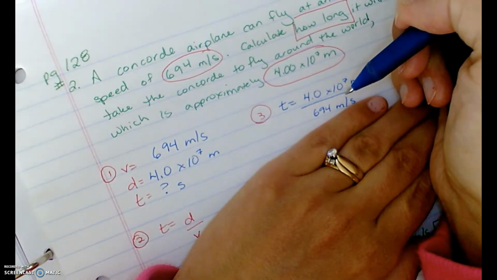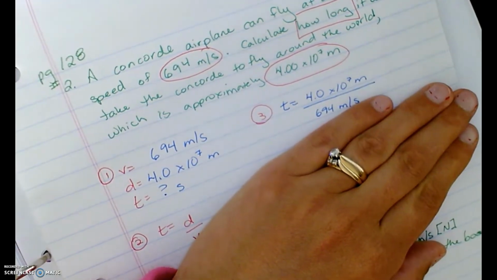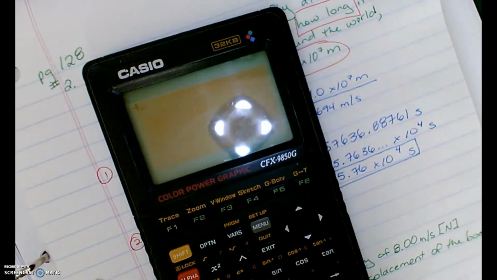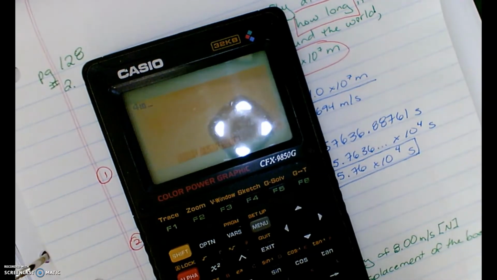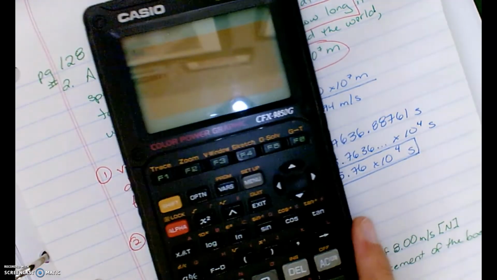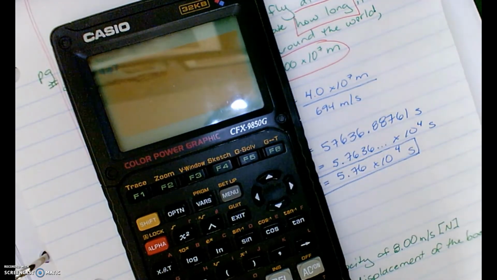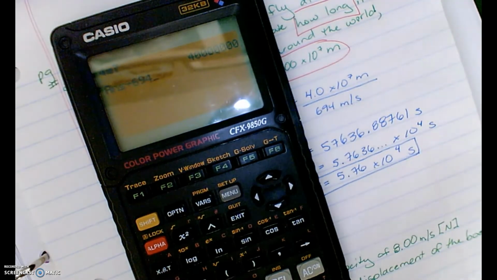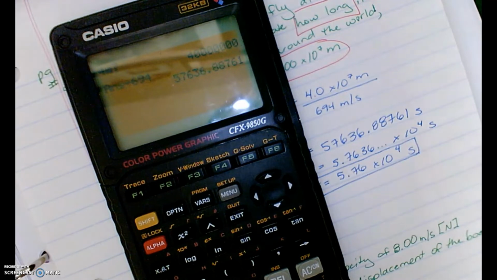694 meters per second. Again, like the last question, you're going to use your exponent buttons. Mine is this little one here. So 4 times 10 to the 7. You can do that if you like, to make it look like a number you're more familiar with, but it should be the same.